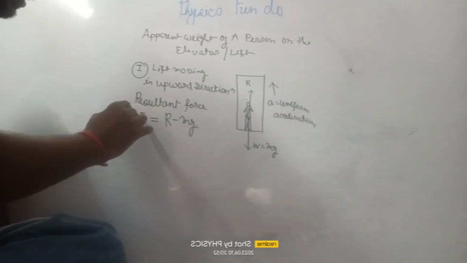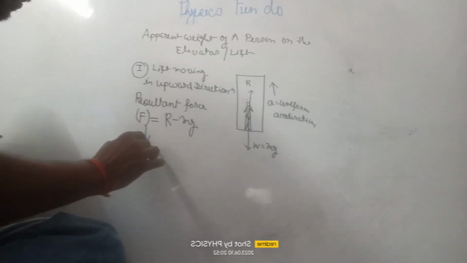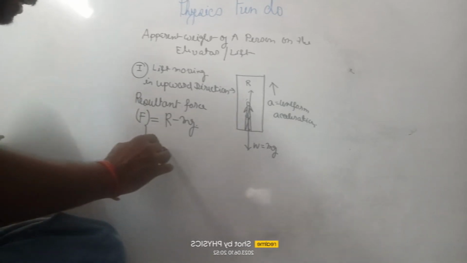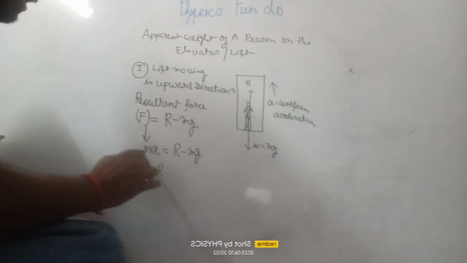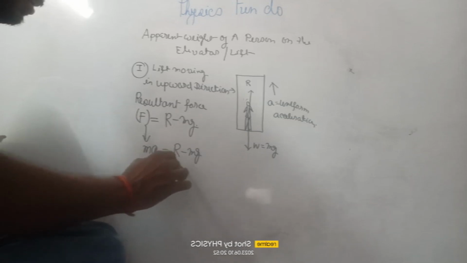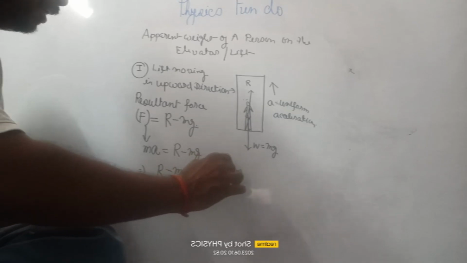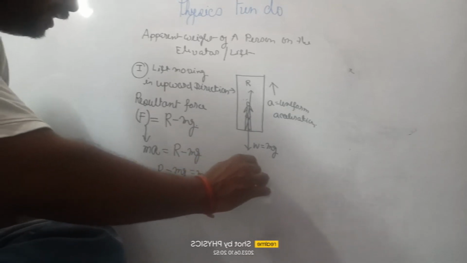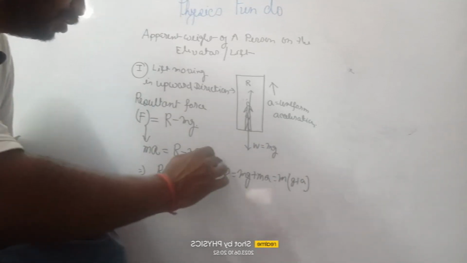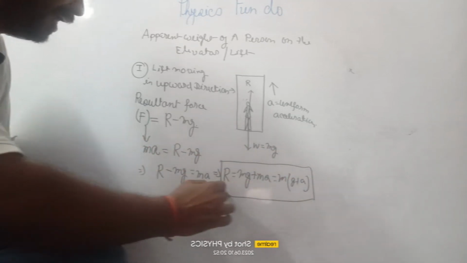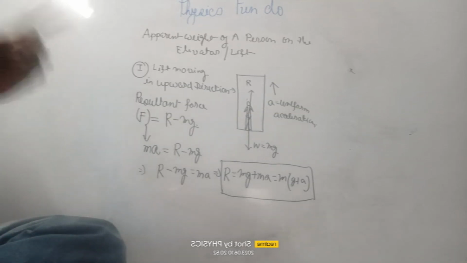Now from Newton's laws of motion, we know that force is equals to m into a, that is mass into acceleration, is equals to R minus mg. That is R minus mg is equals to m into a. Now R equals to mg plus m into a, that is equals to m(g plus a), which is the reactional force acting on the person when the lift is going in the upward direction.